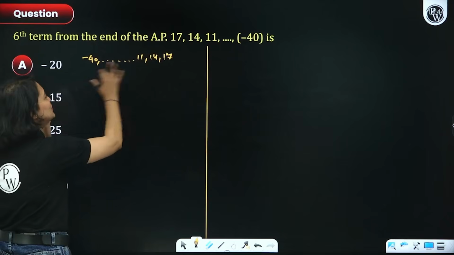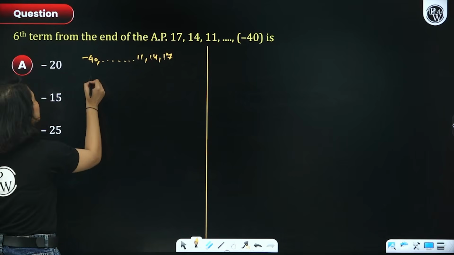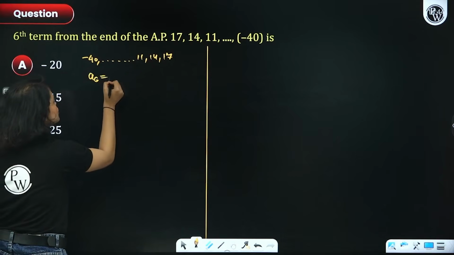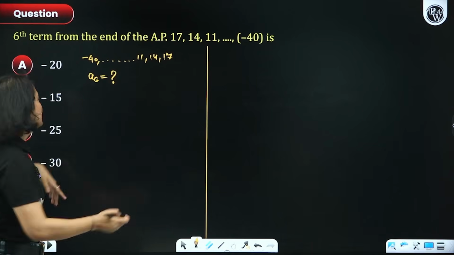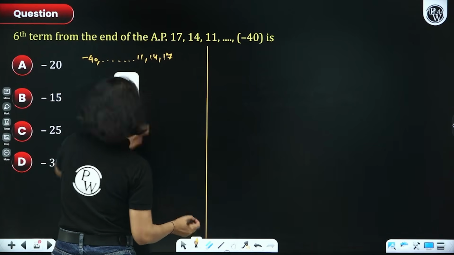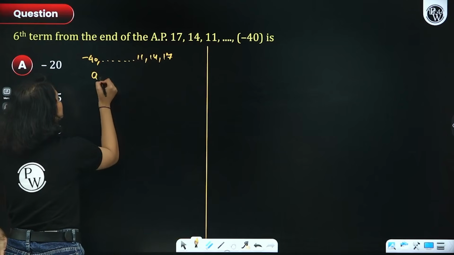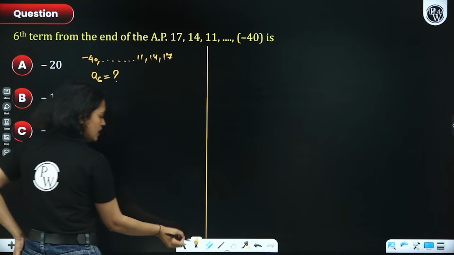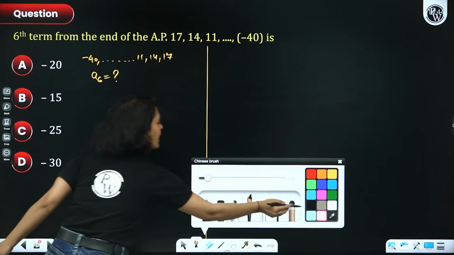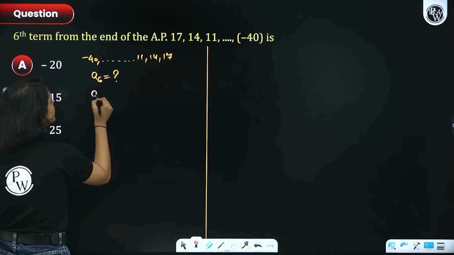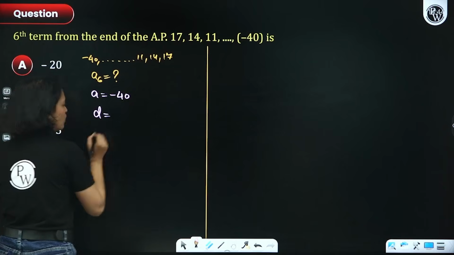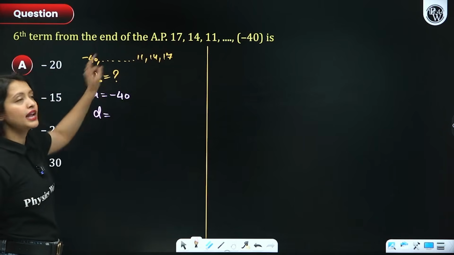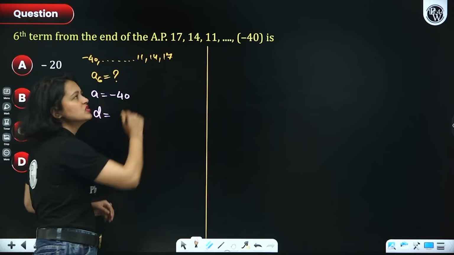I have written the entire AP in reverse. The only thing I need to do is, for this AP, find A6. Yes or no, guys? For this AP, we have to find A6. Let me write it a bit better. Here we know the value of A. The value of A has become negative 40. Right? What is the value of D now? You don't know the next term. No problem, you know the last two terms.